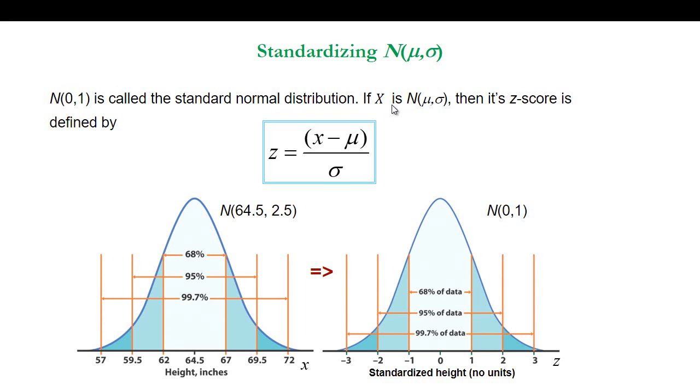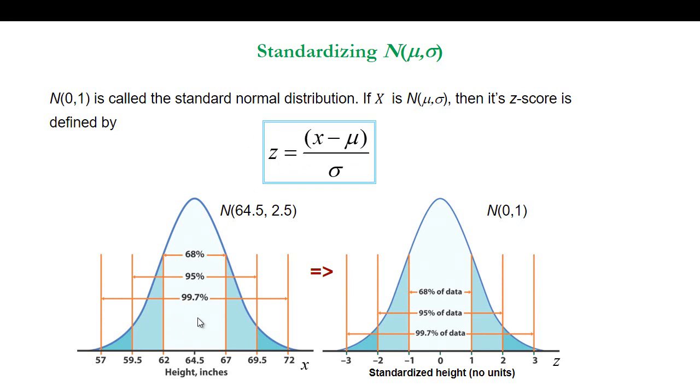If x has normal distribution with mean equal to mu and standard deviation equal to sigma, then the z-score of x is defined by z equal to x minus mu over sigma. It turns out that if we define z in terms of x in this way, then z will always have a standard normal distribution.